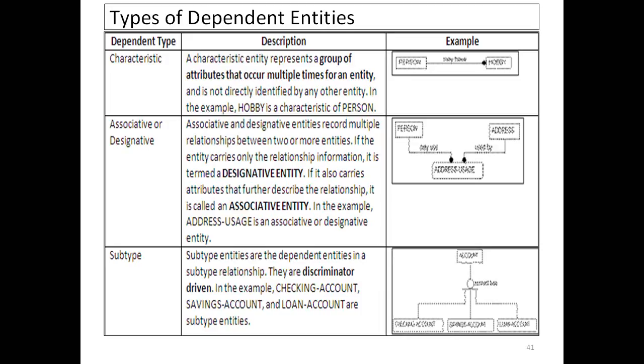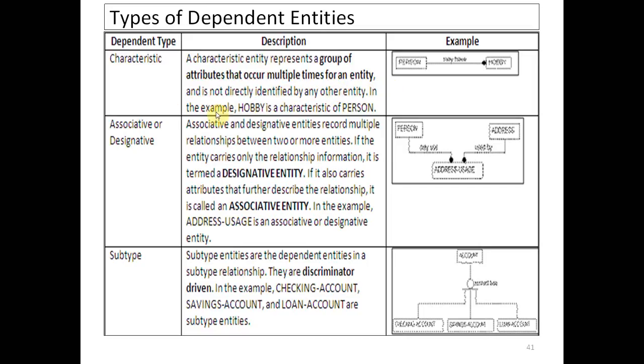The other type of entity is the characteristic entity. This is more of a view, like resolving multi-valued dependency or the fifth normal form, which states that a characteristic entity represents a group of attributes that occur multiple times for an entity and is not directly identified by any other entity.